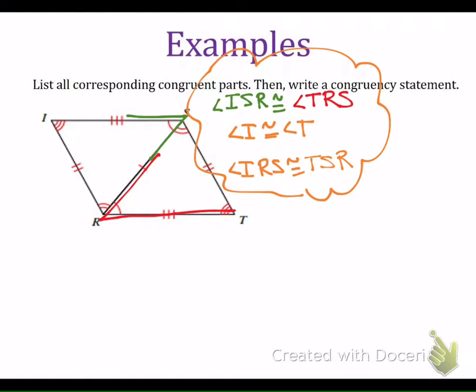Okay. So, do you see how this is the same segment? Okay, so I'm going to start at the angle marked with 2, then go to 1. So I'm going to call this RS. And then I'm going to go SR on that triangle. Okay?